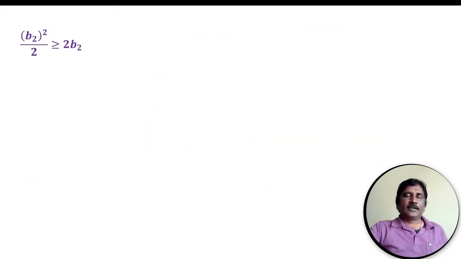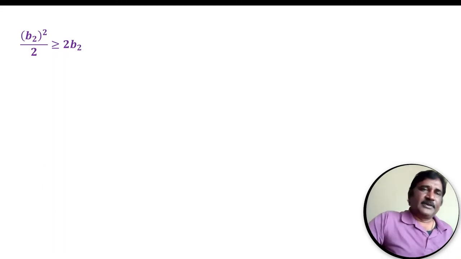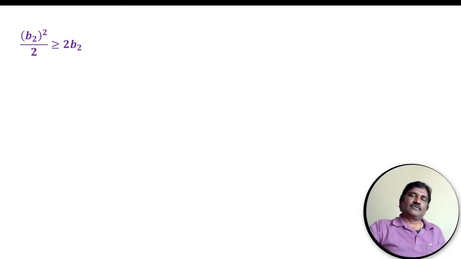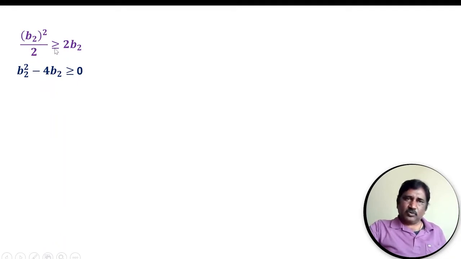So we will be hypothesizing that b2 square by 2 is greater than twice b2, right? We are assuming, okay? So we are trying to solve this: b2 square minus, this 2 I am multiplying to this 2b2 and taking it to this side.